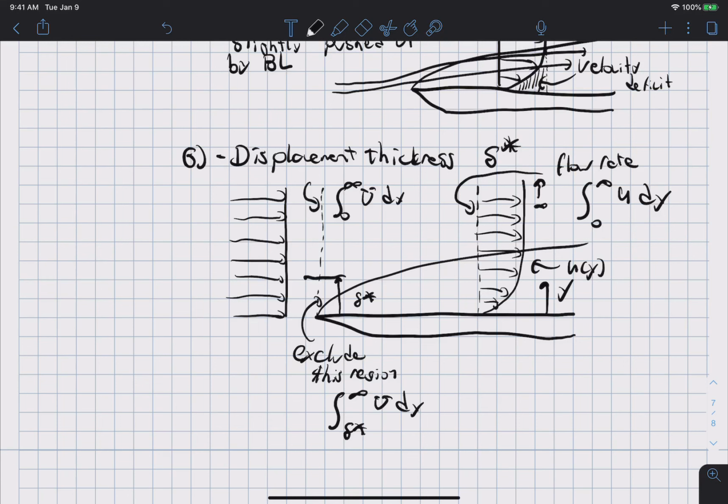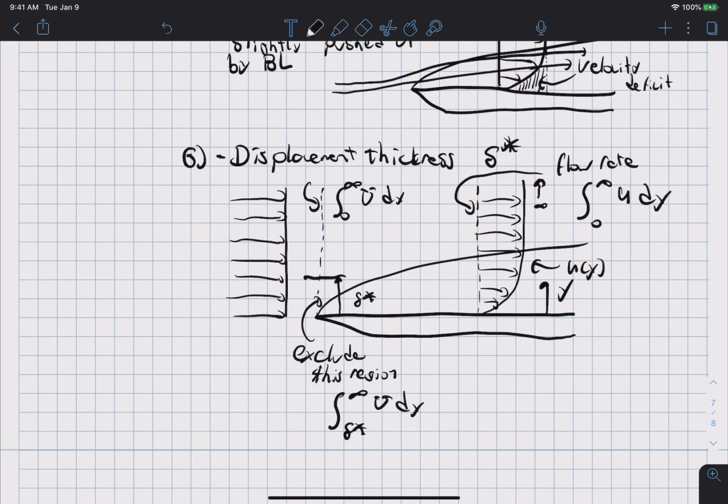And so basically I'm going to define this delta star such that the volume flow rate through this plane here is equal to the entire volume flow rate at a particular x location in the boundary layer.